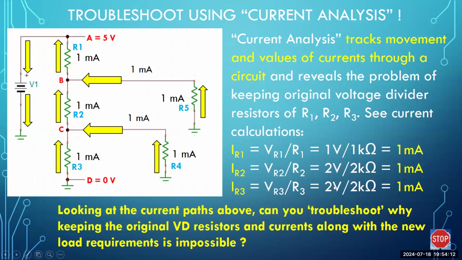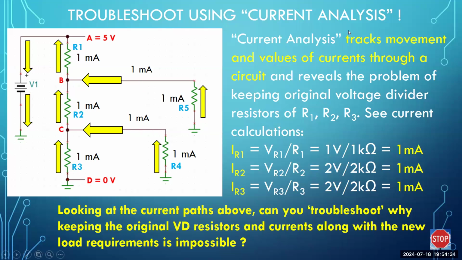In this case, also 2 volts divided by 2 kilo ohms, also 1 milliamp. All this was hunky-dory, happy as a pig in mud, with 1 milliamp flowing through a simple voltage divider. Once we attach these loads is where we're going to run into a problem.